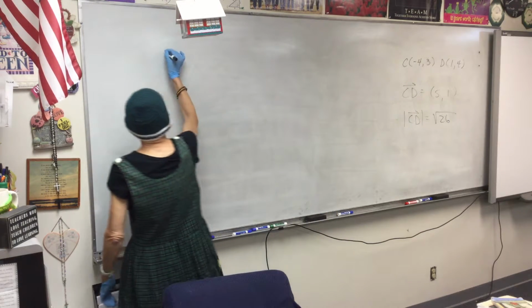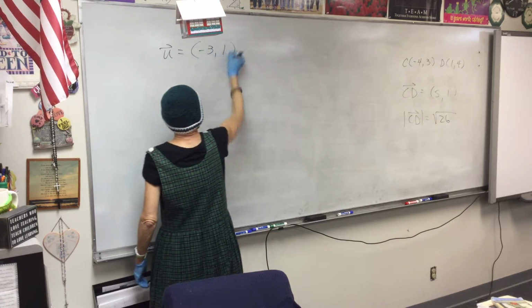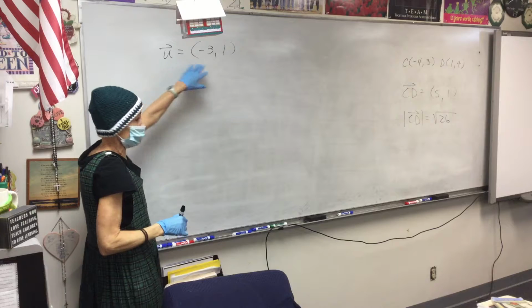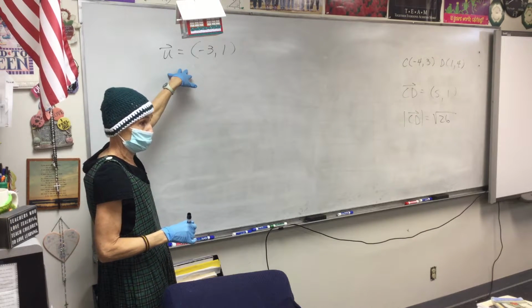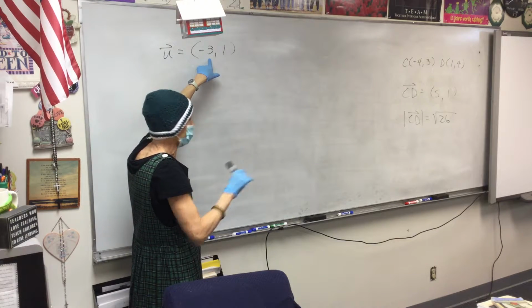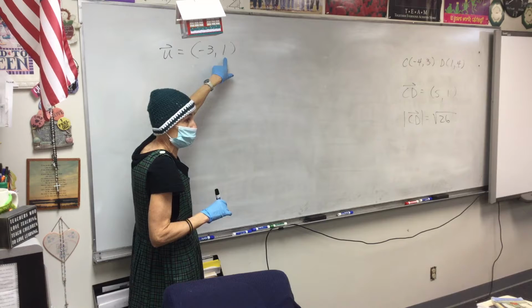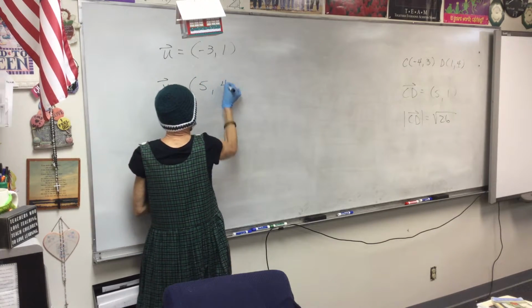All right. Let's suppose that you have some vector out there. Now notice, this is not an ordered pair. This describes a vector going -3 in the x direction, 1 in the y direction. And you got another one that's moving like this.